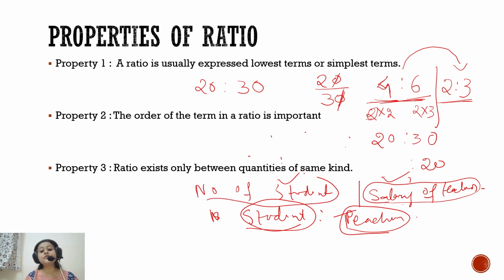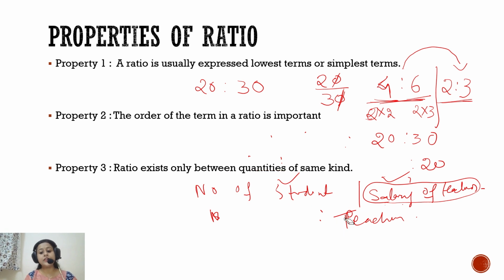The number of students represents a group of human beings present in the class. So we can always have a ratio of the same kind or same variable, not of different kinds or different variables. Just keep this in mind.